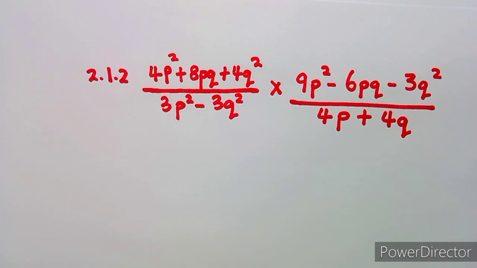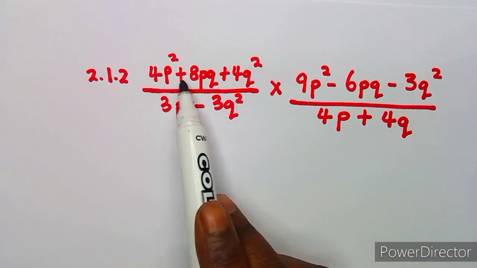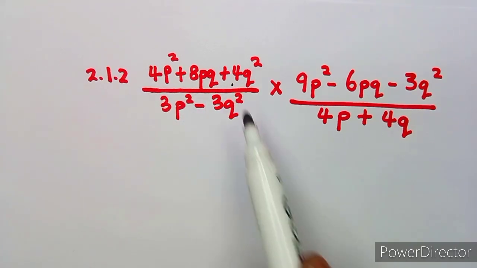How can we simplify? Yes, we are multiplying and so on, but what can we do? If we cross-check the first part before we go further, we can see that 4 is common here, because we've got 4, 8, and 4. So 4 is common there.